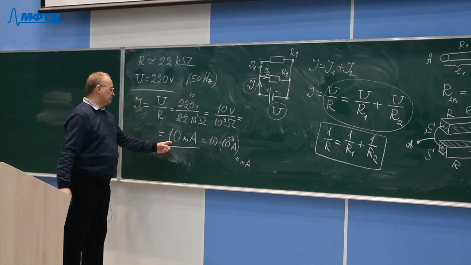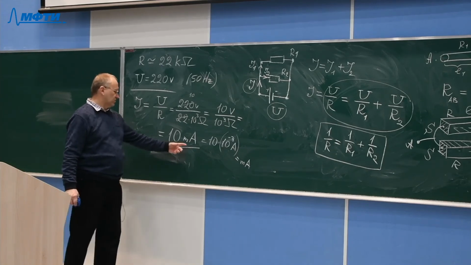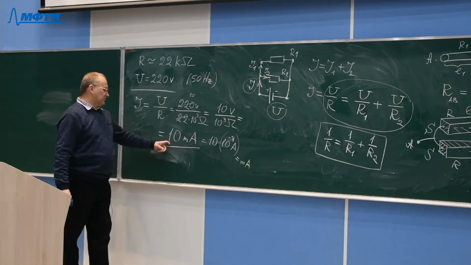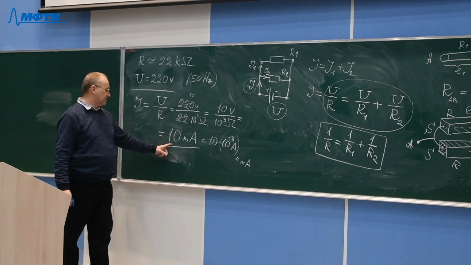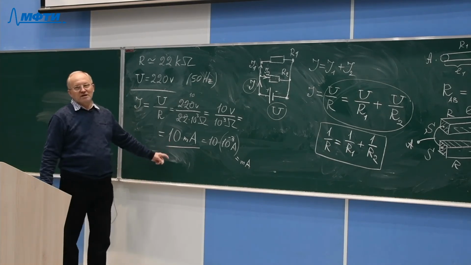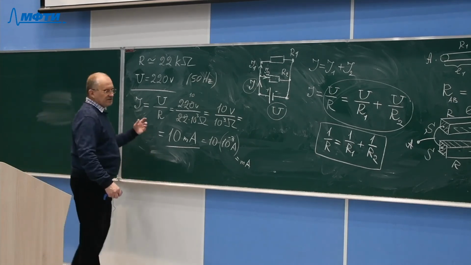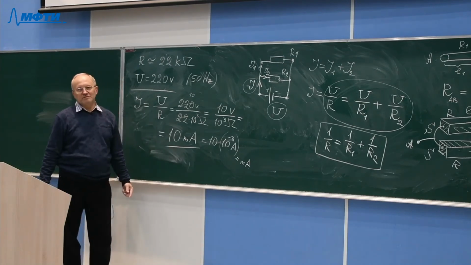Is it a large current? At first glance it seems to be small, just some milliamperes, but I would like to tell you that a current of 50 milliamperes, just 5 times that value, is practically fatal, because a human heart will not operate if a current of 50 milliamperes flows through the human body.